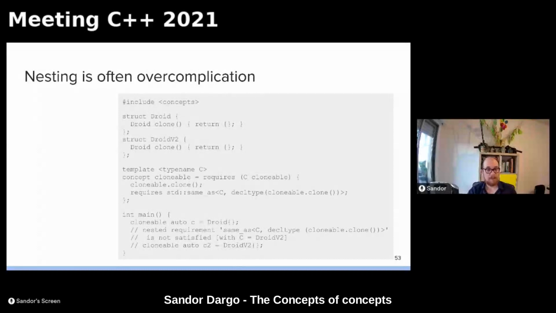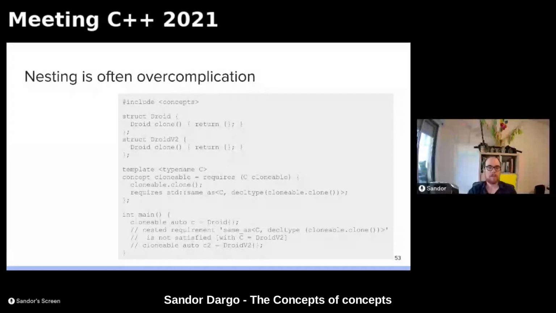Then we have our clonable concept, and there we require that the clonable type should have a clone function, and we also require, notice that we have an inner requires within the requires clause, that the return type of this clonable.clone should be the same as the type of the clonable.